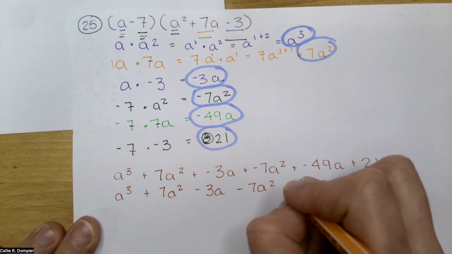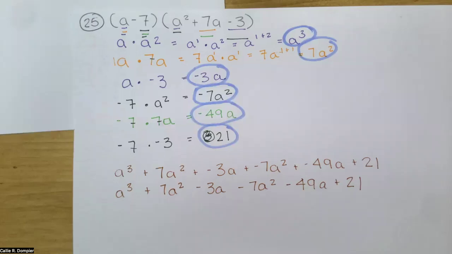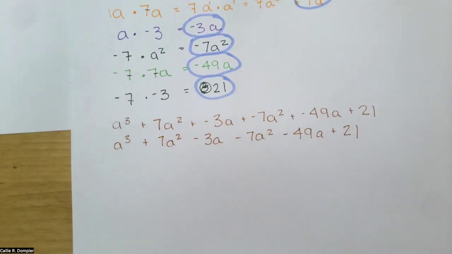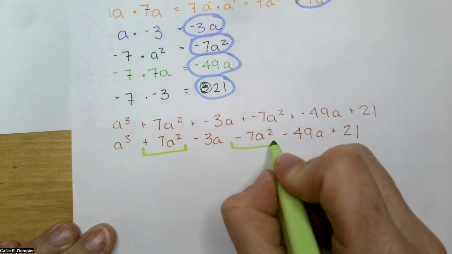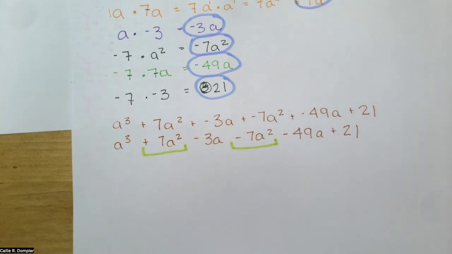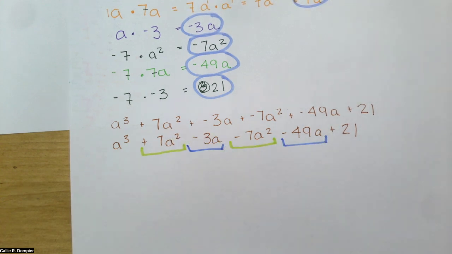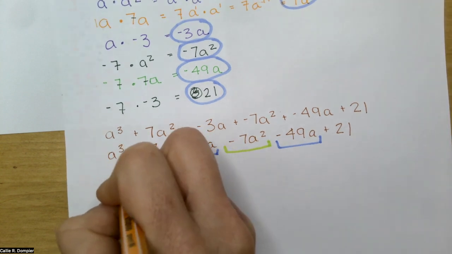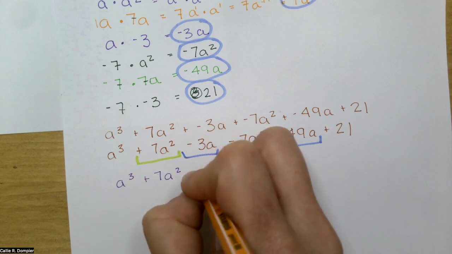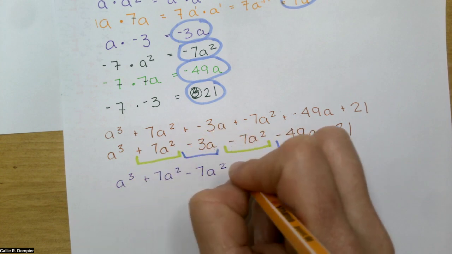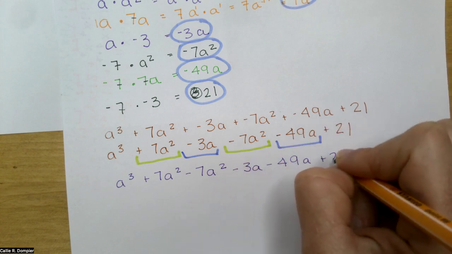Plus a -49a is just -49a. And now we can combine like terms. So I see +7a squared and -7a squared. And I see -3a and -49a. So that'll be a cubed plus 7a squared minus 7a squared minus 3a minus 49a plus 21.